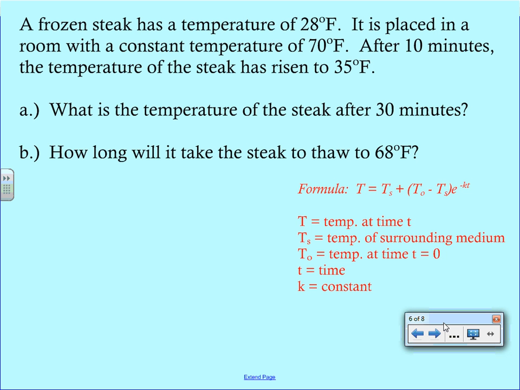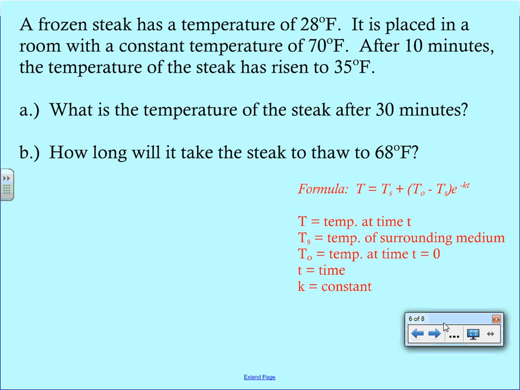If you read through this example, it says a frozen steak has a temperature of 28 degrees Fahrenheit. It is placed in a room with a constant temperature of 70 degrees Fahrenheit. After 10 minutes, the temperature of the steak has risen to 35 degrees Fahrenheit. So what we're trying to do to start is find what the temperature of the steak was after 30 minutes.